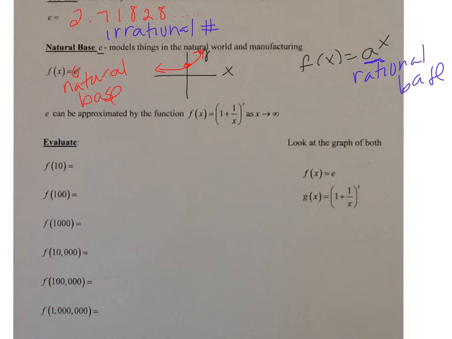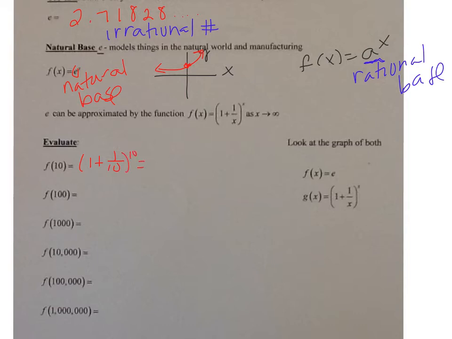We're going to evaluate. So what you could do is you could take this function here, (1 plus 1 over x) to the x power, put it into y equals, and then you could do the alpha trace button and evaluate. All right, so I'm going to do (1 plus 1 over 10) raised to the 10 power.